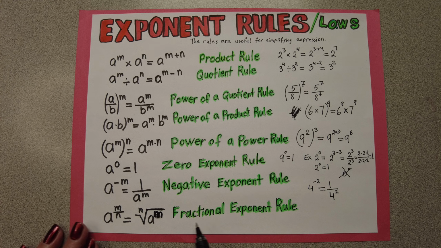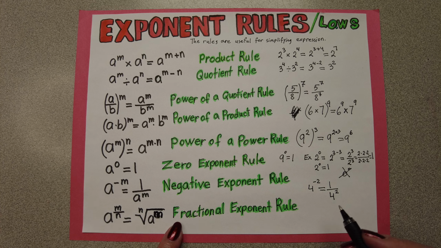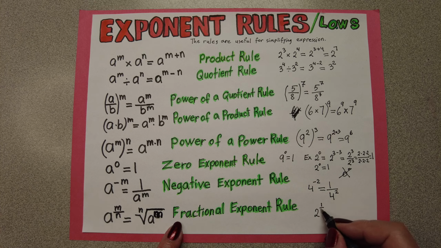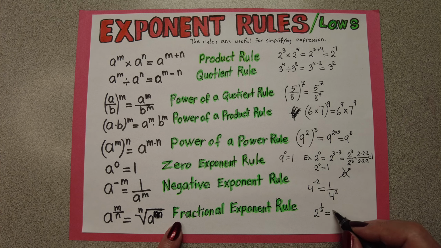And the last one is the fractional exponent. In the last lesson, we also called this rational. Fractional exponent: if we have 2 to the power of 1 over 3, this will become a square root or any root.